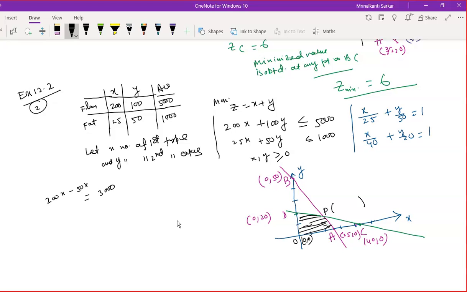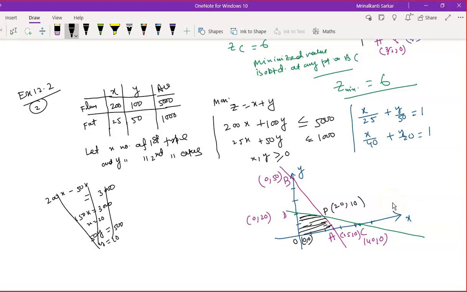So 150x equals 3,000, x will be 20, then y will be equal to 10. You get this by counting from the graph only. Never try to solve it. If you want to verify it, verify it and then cancel it, or do it at a place where the examiner will not consider it part of your calculation. So we have found graphically the point 20, 10.